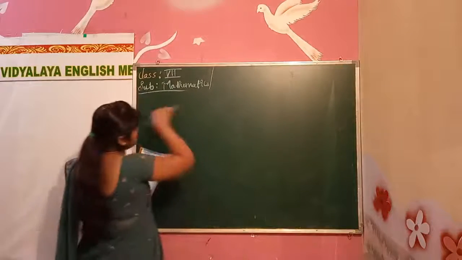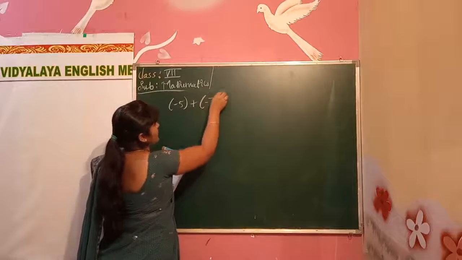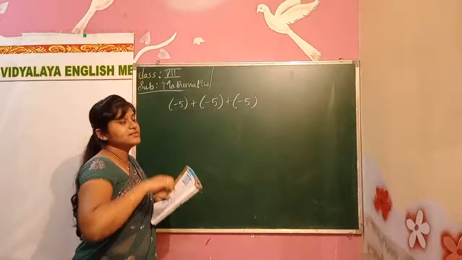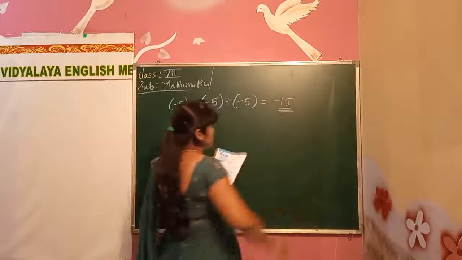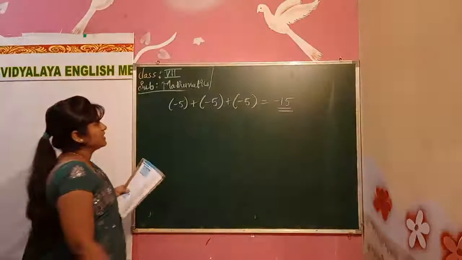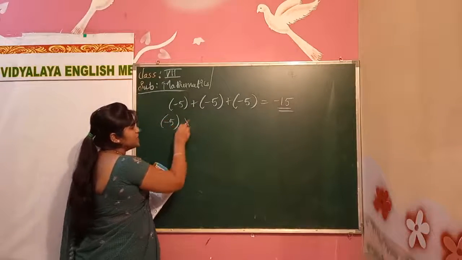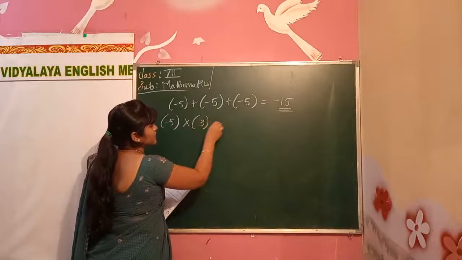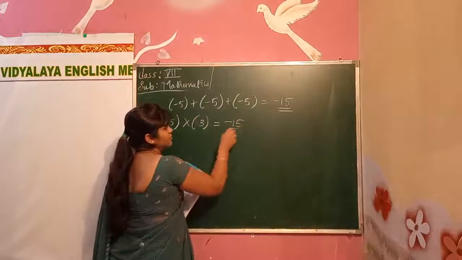For example, if we have minus 5 plus minus 5 plus minus 5, add these three numbers, what do we get? Minus 15 we get. Yes, this one more time we can calculate as minus 5 into 3. What we get? Minus 15 we get.